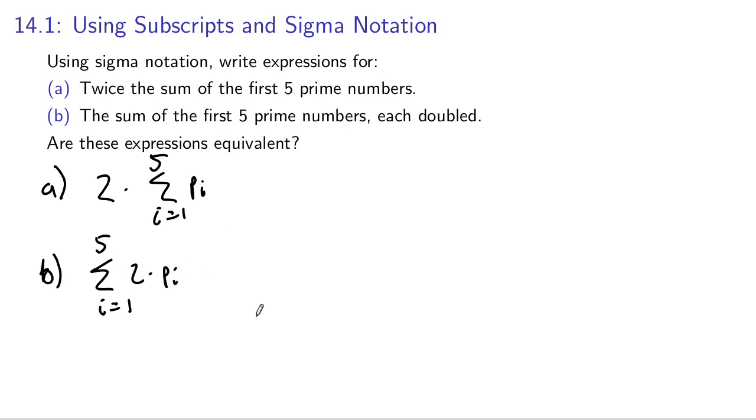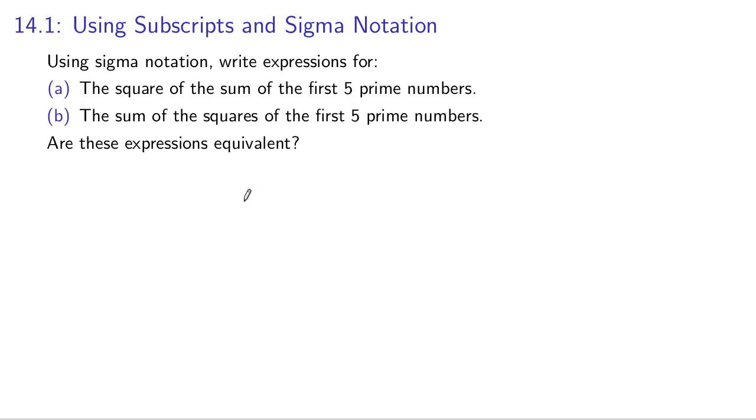Are these expressions equivalent? Well, they are by the distributive law. We already showed that idea. And the answer is yes. By the distributive law, we can pull this 2 in front, which makes them equivalent.